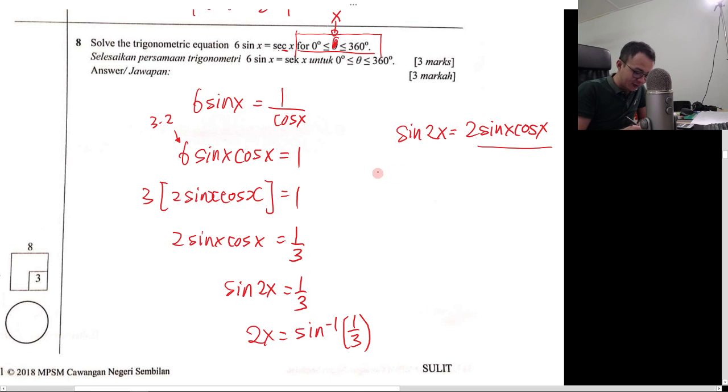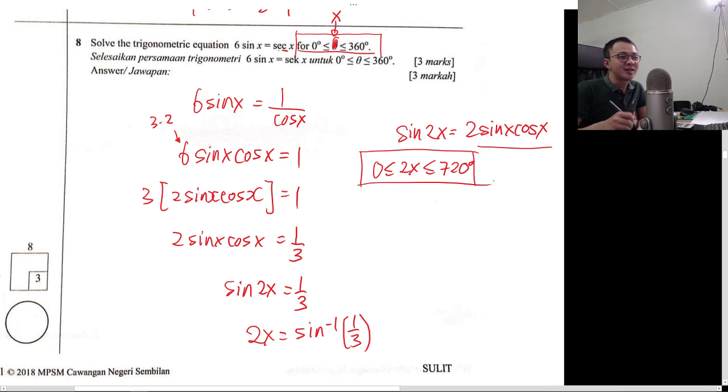So this is for our x, right? So what I will do is I want to find the 2x. I multiply 2 for 0, I get 0. I multiply 2 for 360, I get 720. That means this is my range for 2x. So for 2x, I'm going to find values until I get 720 or close to 720, but I cannot go beyond 720.